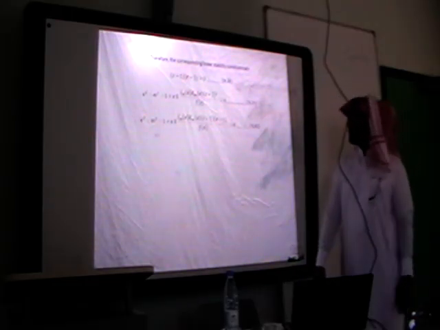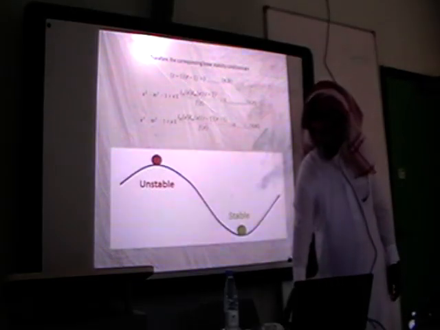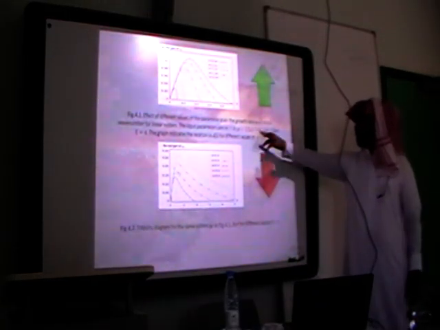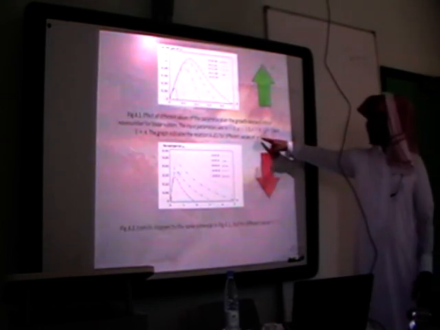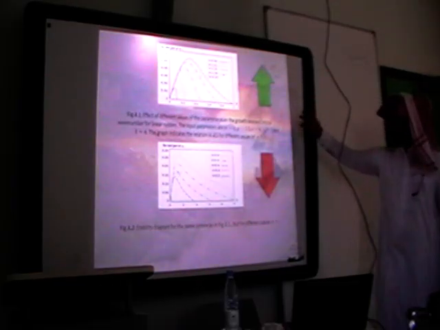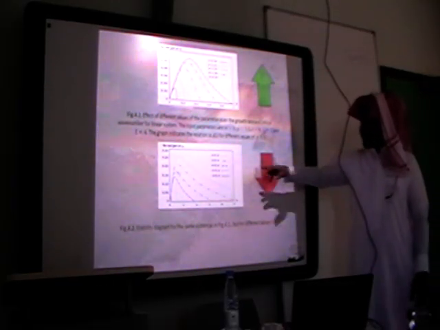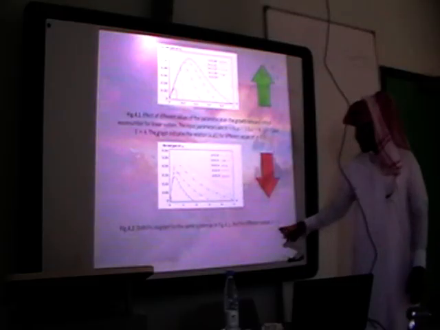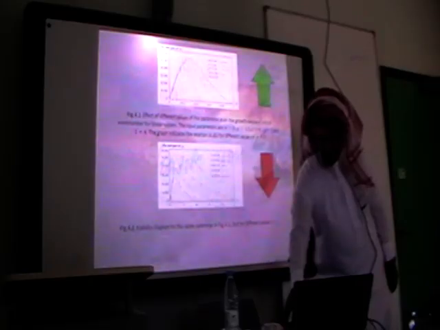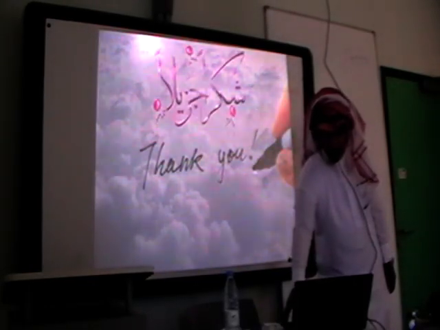We have this condition for the linear stable condition. In the first graph, if sigma is bigger than 1, it is growing or increasing, and if sigma is smaller than 1, it is decreasing. Thank you for your listening.